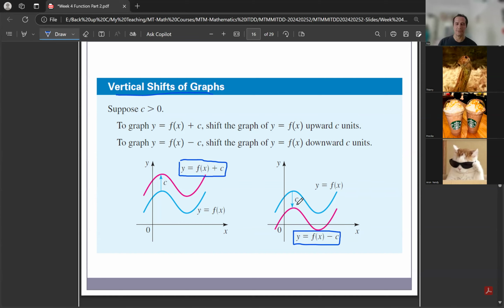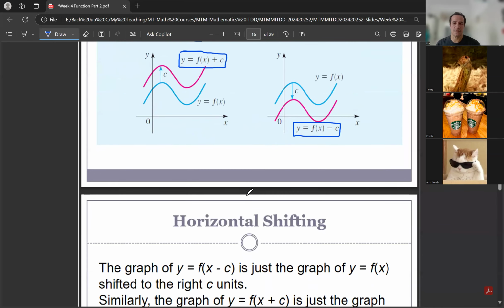We have the red curve. So this is how to shift the graph vertically. This is the result after shifting the graph downward, and we have the illustration as follows.